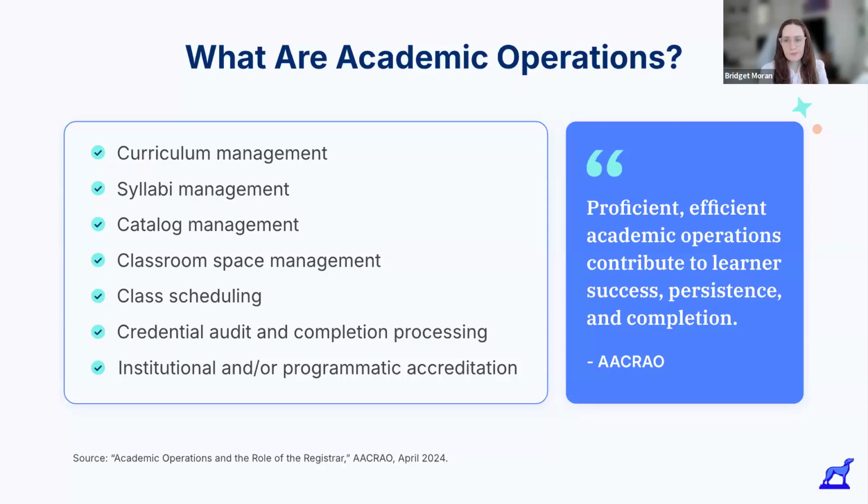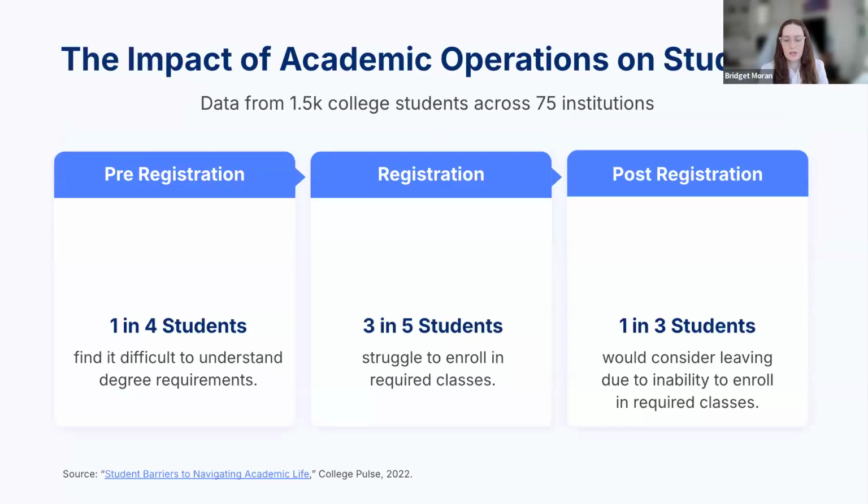But what I think was most interesting about how they defined it is they note that, of course, all of these functions are critical for running an institution, but they're also super important when it comes to thinking about learner success, learner persistence, and of course completion. I think this is a really great note, and I want to make sure that we're grounding ourselves in how academic operations are impacting students.